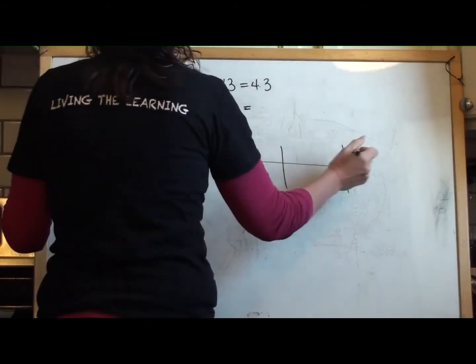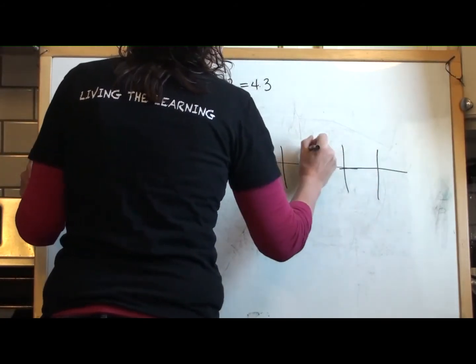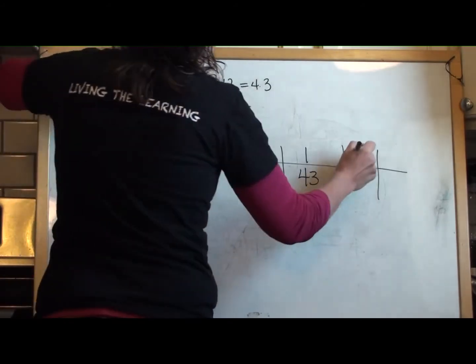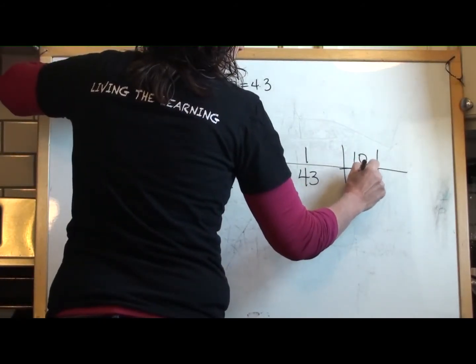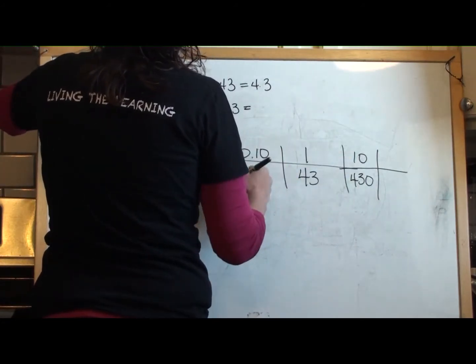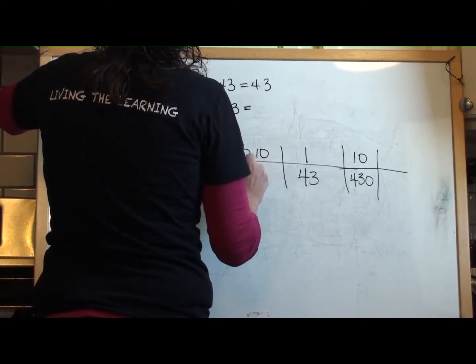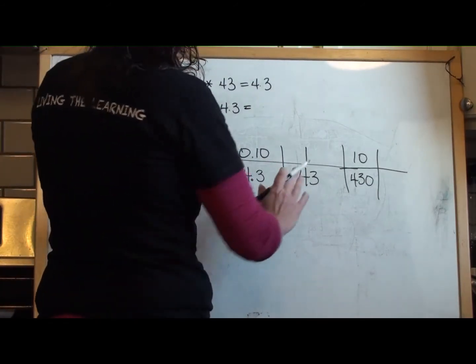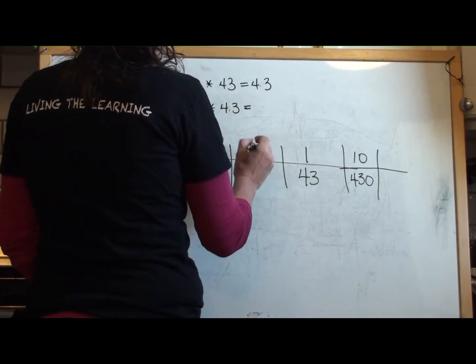I'm going to start with 1 was 43 if we use this one. 10 was 430. 10 times less was 4 3/10. So now we want to make this our 1.